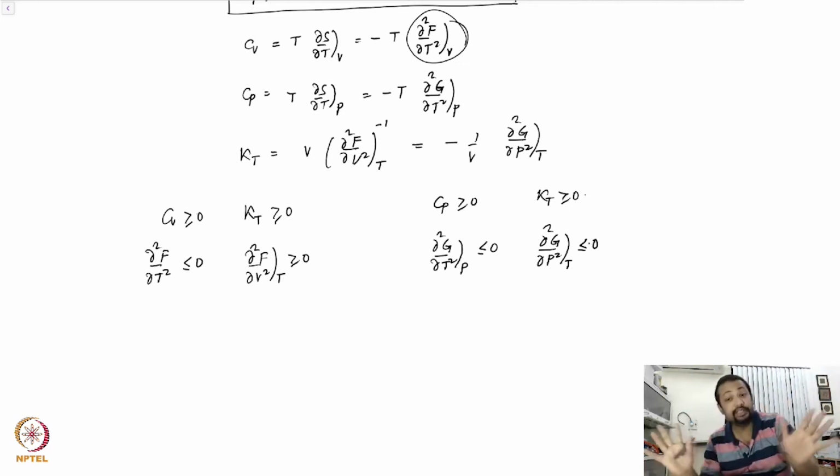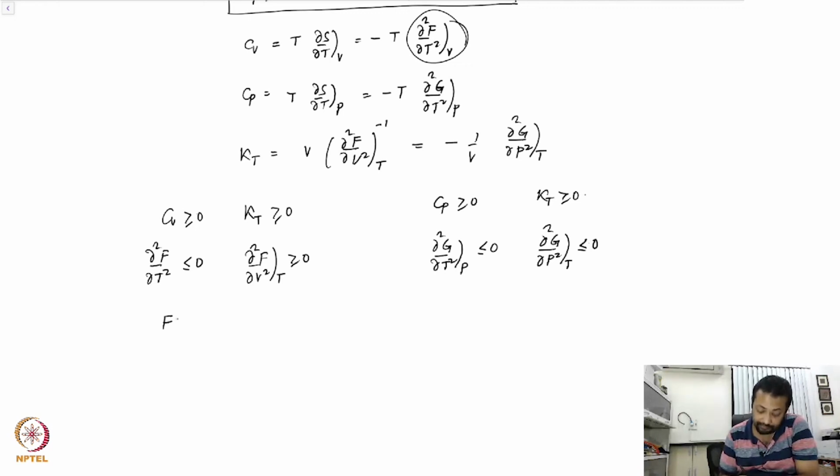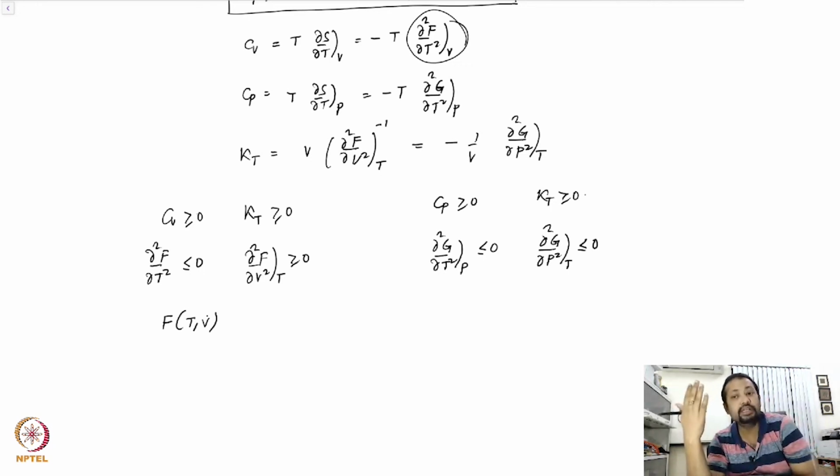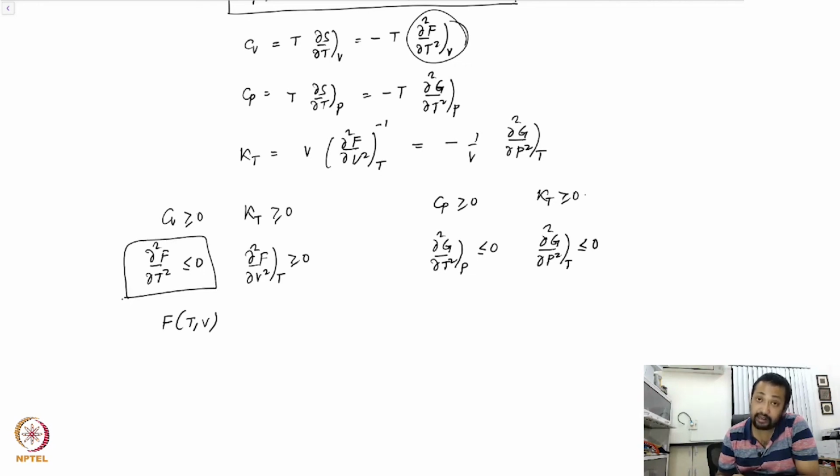Therefore, the stability criteria of the energy means that the Helmholtz free energy F, which is a function of T, V and n, I am suppressing the n because I have considered it to be a fixed quantity, is essentially a concave function of T because of this, and a convex function of volume.